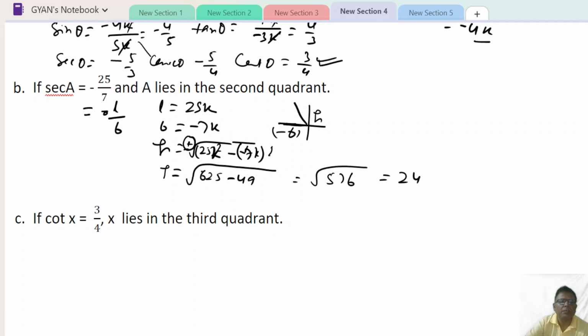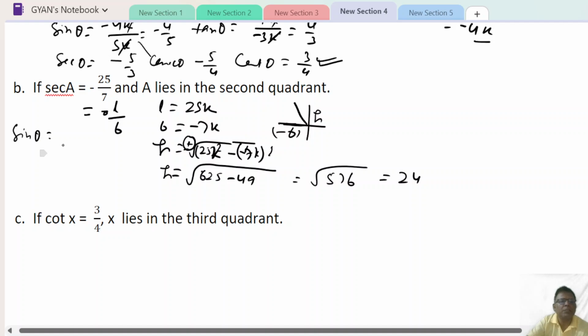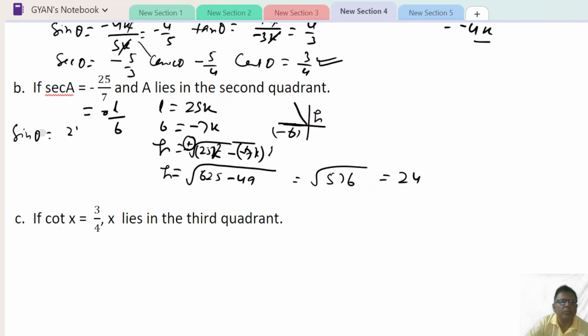So that is height, 24k. First take sin theta. Sin theta is equal to height divided by hypotenuse. So height is 24k, divided by 25k, and k cancels. So this is 24 by 25.